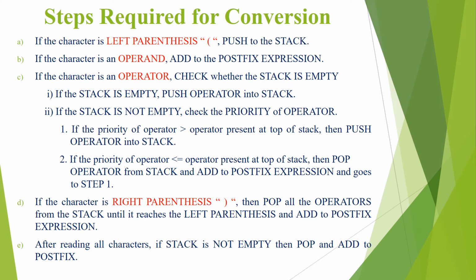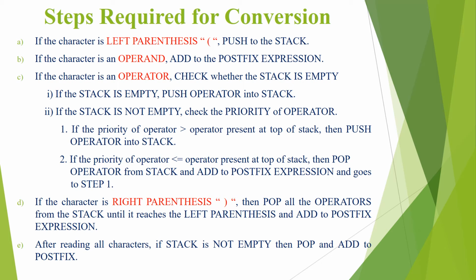If the character is an operand, that is a, b and c, we have to add it to the postfix expression. If the character is an operator, we have to check whether the stack is empty or not. If the stack is empty, push that operator into the stack. If the stack is not empty, check the priority of the operator.